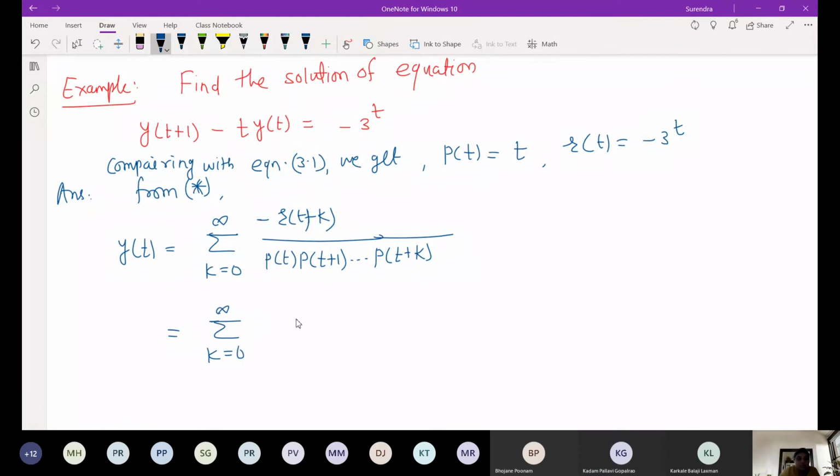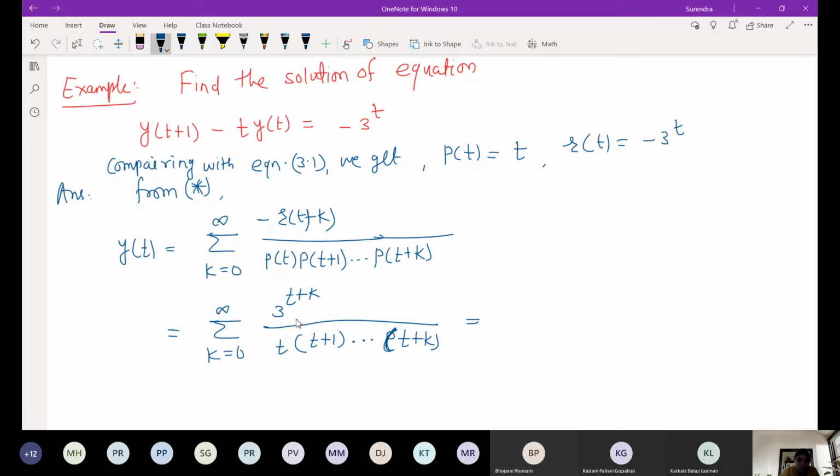Summation k is equal to 0 to infinity, minus r at t plus k will be 3 raised to t plus k, divided by p of t. What is p of t? It is t. T, T plus 1 and so on, and T plus K. Is that right? So now, yes.